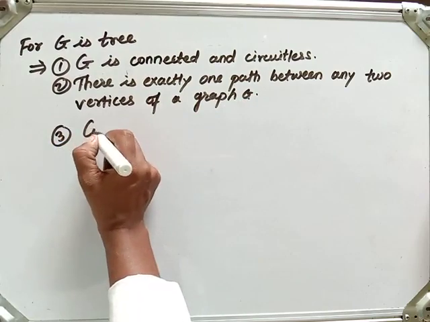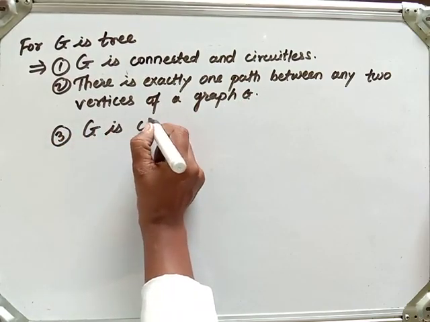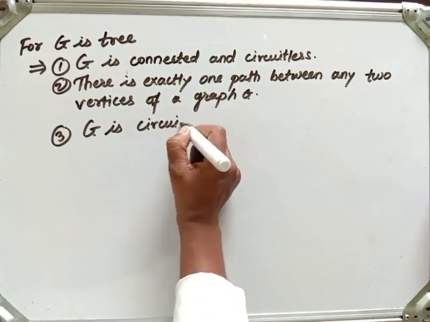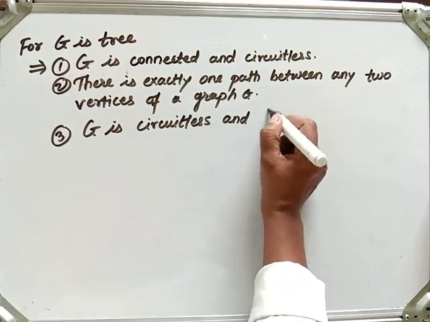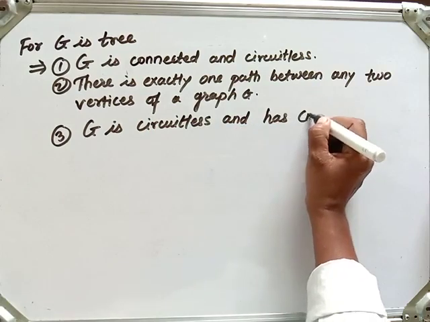Next thing, G is circuitless and has n-1 edges.